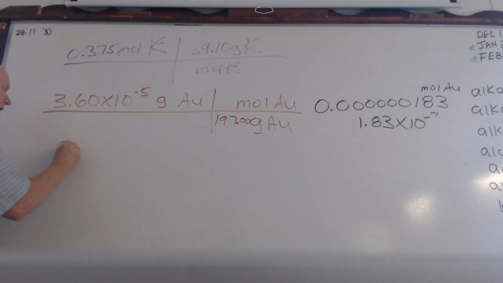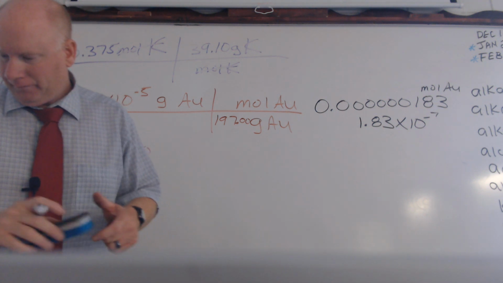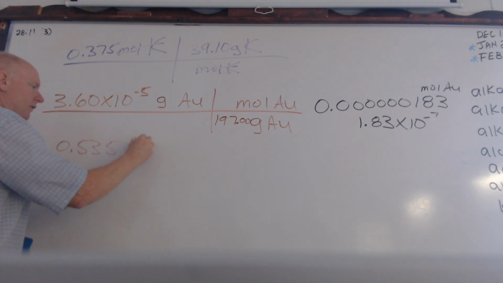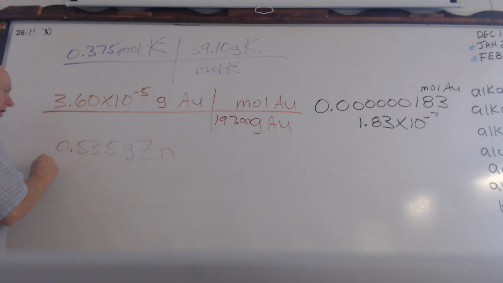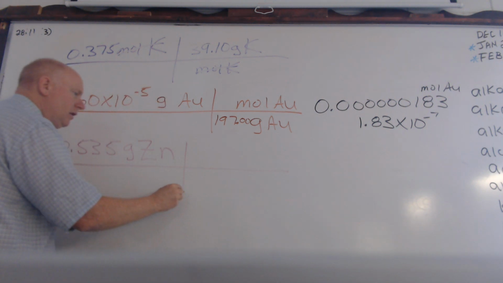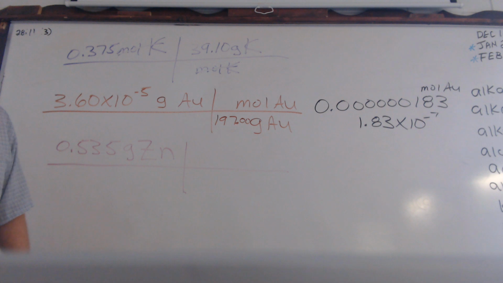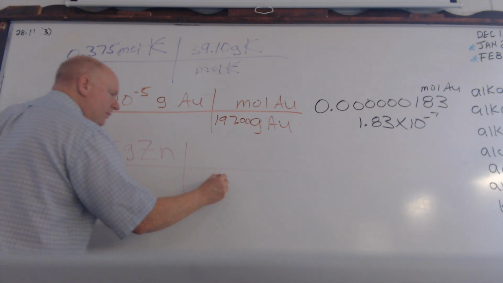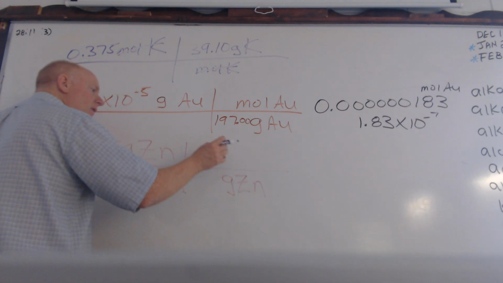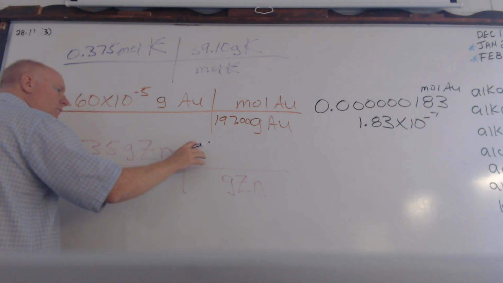So 0.535 grams of zinc. How do we cancel grams out in our next step? Upstairs or downstairs? We're going to put grams of zinc down here. And then what do we put on top?